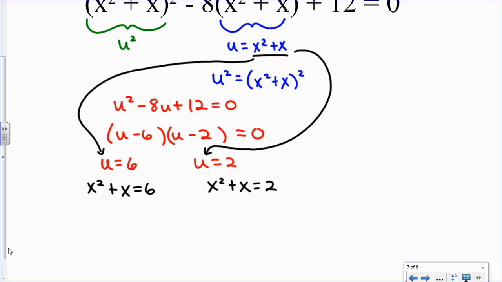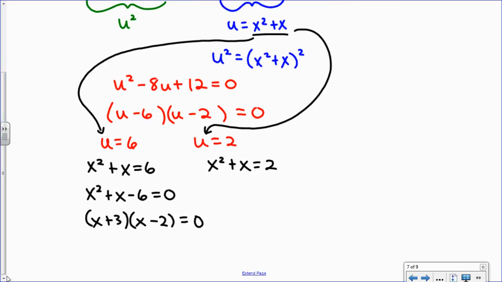So we want to solve by setting one side equal to 0 and factor. So let's see, it's going to be plus 3 minus 2. So x equals negative 3 and positive 2.